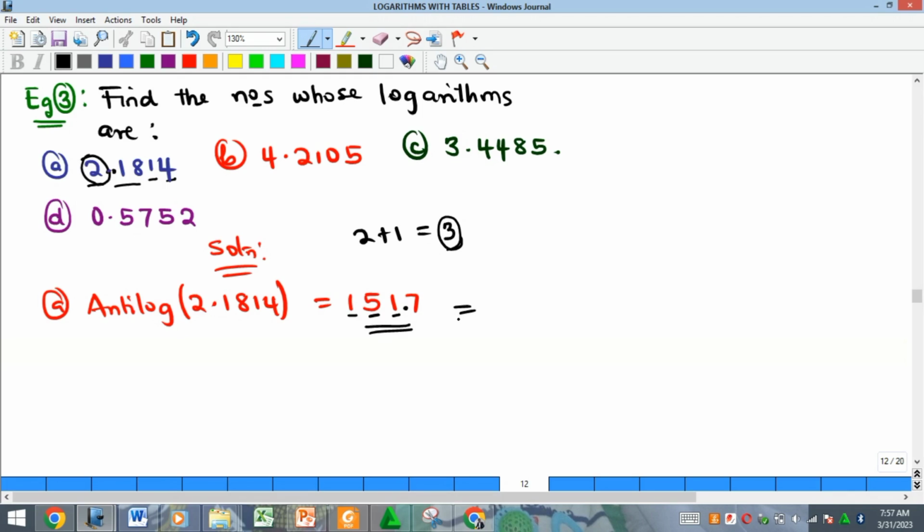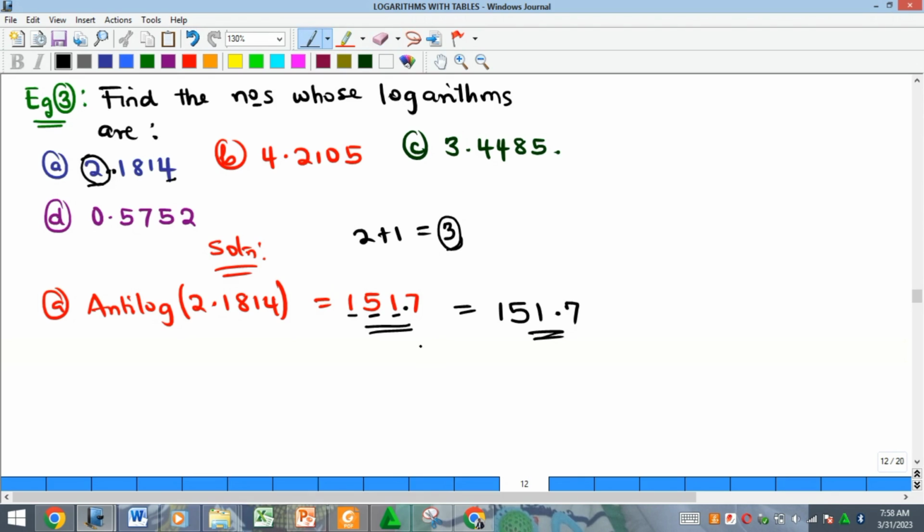So the value of that anti-log is 151.7. It means that the number whose logarithm was taken to get this 2.1814 is actually 151.7. Okay, so please, I hope that was understood.